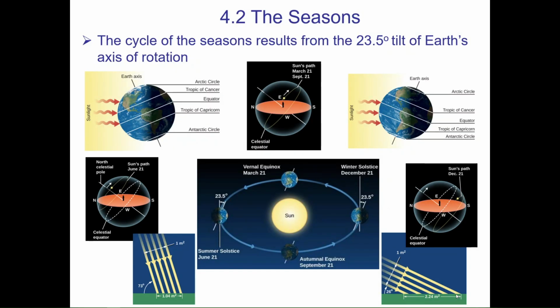And that is one reason. The other reason is that you may also remember the days during winter in the northern hemisphere are very short. Therefore, there is less time to receive heat from the sunlight. So as a result, we have a colder winter.